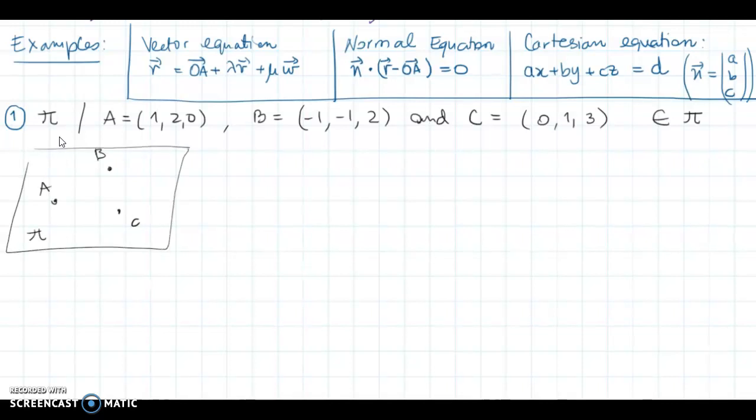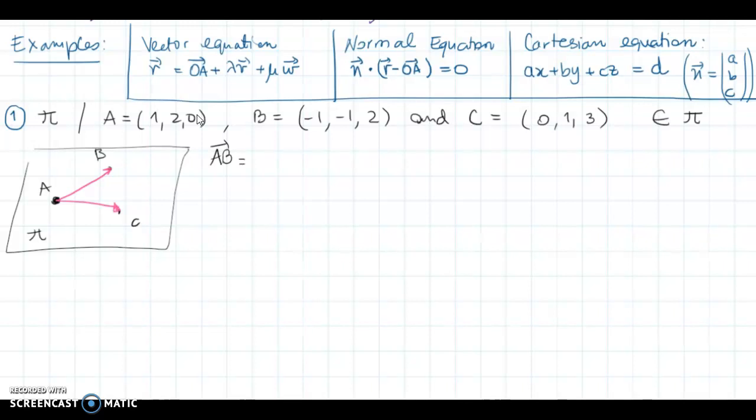I'm going to write the equation. If I want to write the vector equation, I need to fix one of the points. Let's use A, and then I need two vectors, but I can, for instance, look at the vector going from A to B and the vector going from A to C. We can write the coordinates of these vectors.